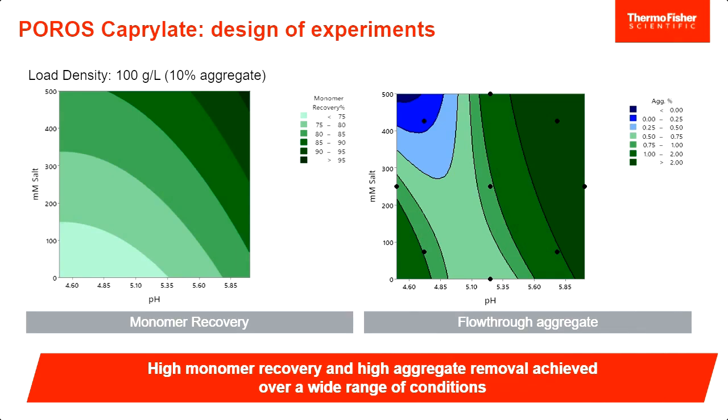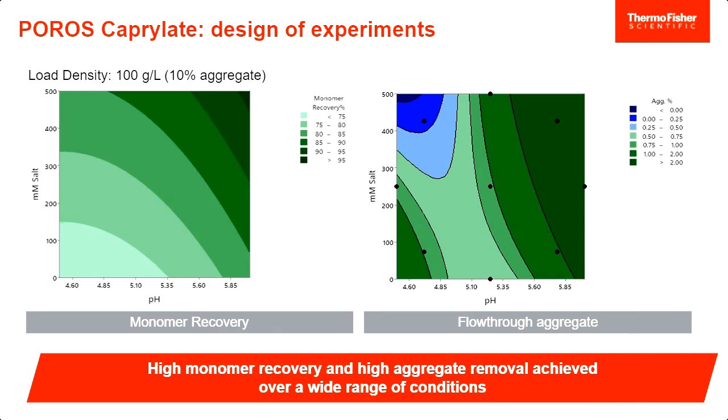But interestingly, on the right-hand side, there's a sweet spot with respect to conductivity and pH that would result in less than 2% aggregate in your recovered material. So that's the areas in light green and blue here on the right-hand side between pH 5 and 5.5. And we see that regardless of salt concentration.